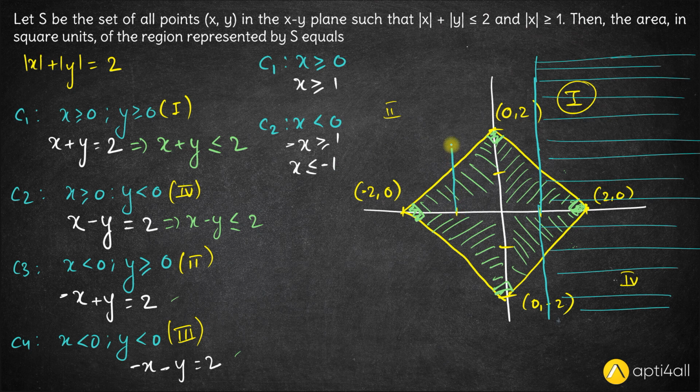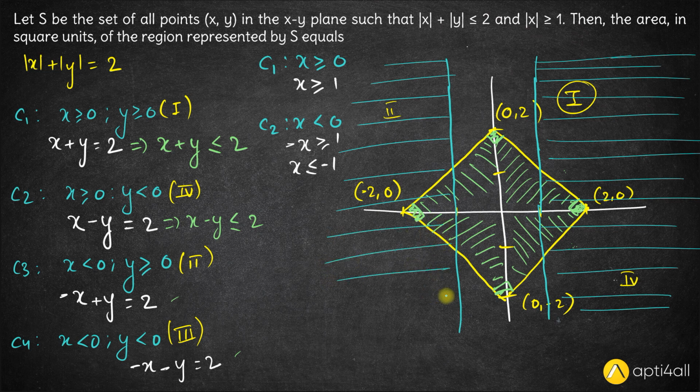Next you have x is less than or equal to -1. So let's first draw the graph just for x equals -1 for equality. This is the line for x equal to -1. But what we have is x less than or equal to -1, so we need to consider this whole region to the left of this line. Okay? So from the first function we get this green square, and from this function we have this blue region.